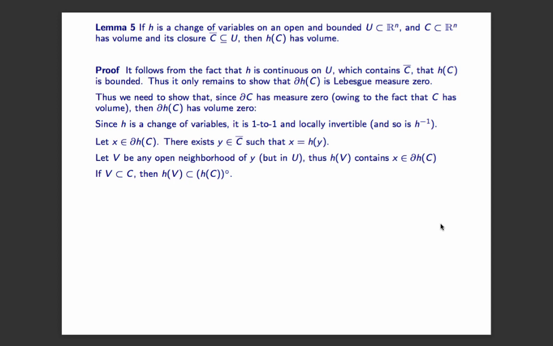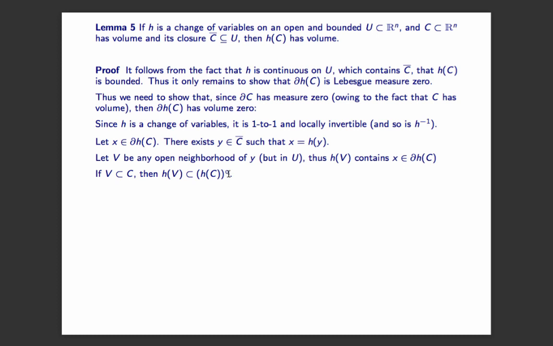Now suppose V is completely contained inside C. Then h of V is completely contained inside the interior of h of C. Right? That's because V is open, and well, if every element of V is in C, then every element of h of V must be in h of C, by definition of what h of C is.